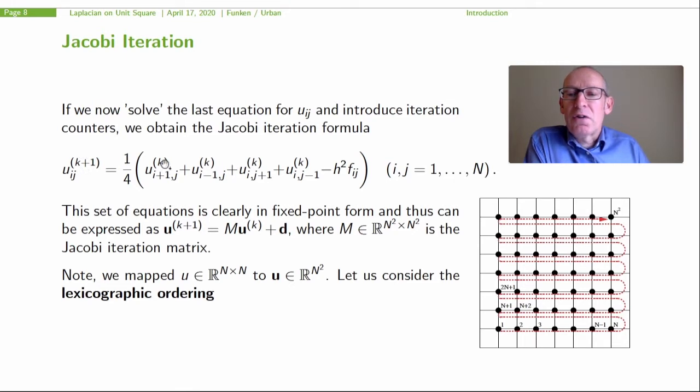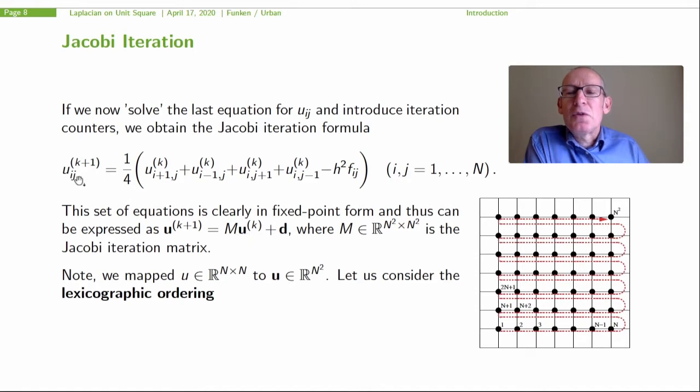Now this of course is some kind of fixed point scheme, which could be written as u^(k+1) equals M u^k plus some right hand side. But this looks more like a matrix-vector operation.